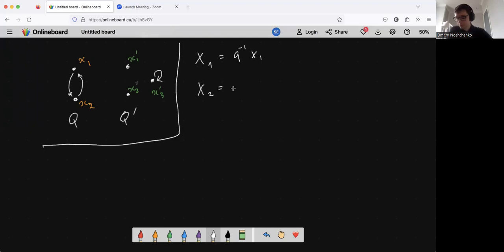So this is q inverse times x1, and x2 would be q inverse times x2, and now times y1. Since we had a connection between x1, x2, and since x1 goes first, x2 goes after. So that means that when we compute the operator associated to x2, and we take into account the arrow which goes from x1 to x2, this amounts to adding this operator y1, which acts on x1.